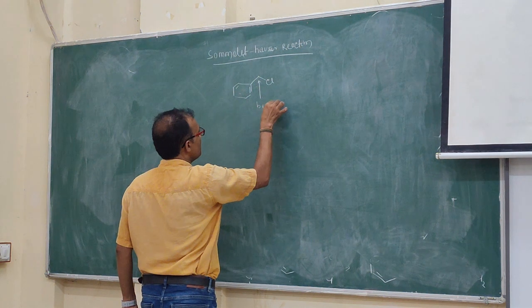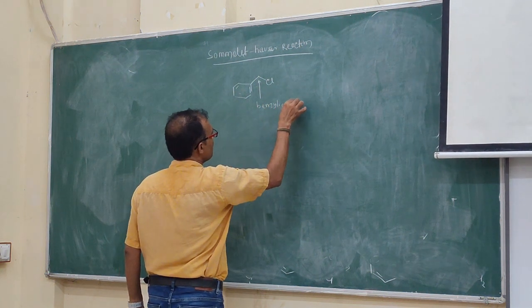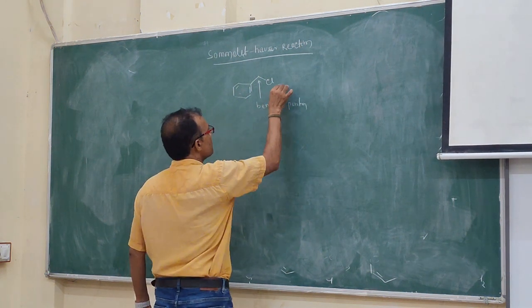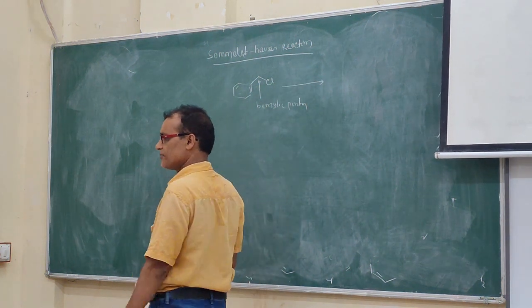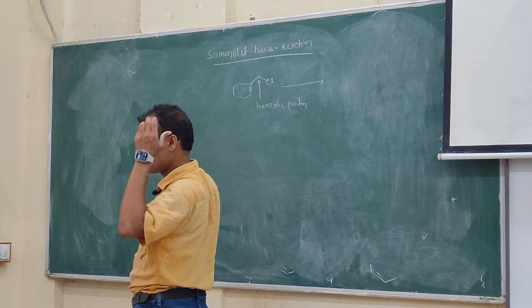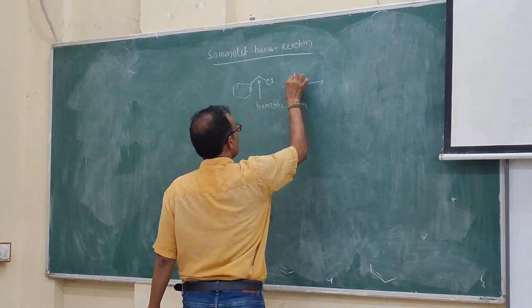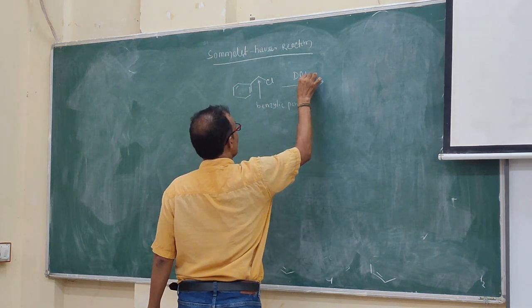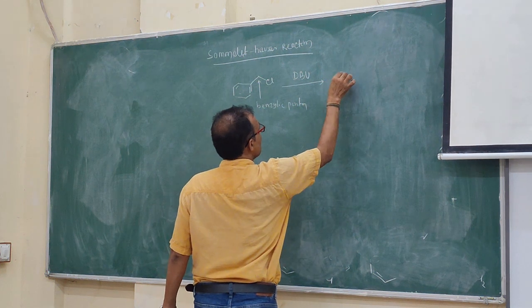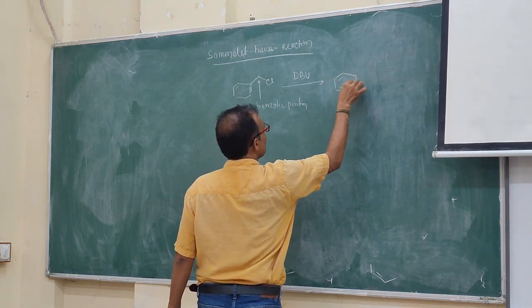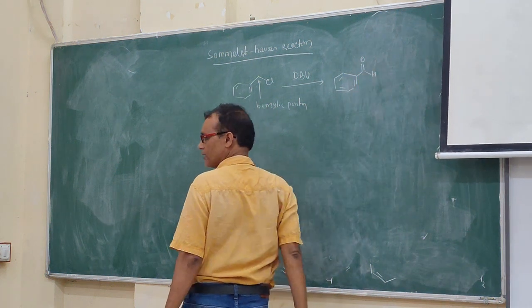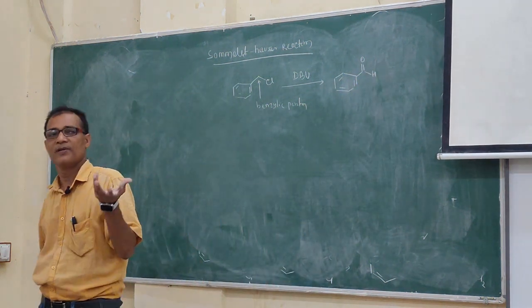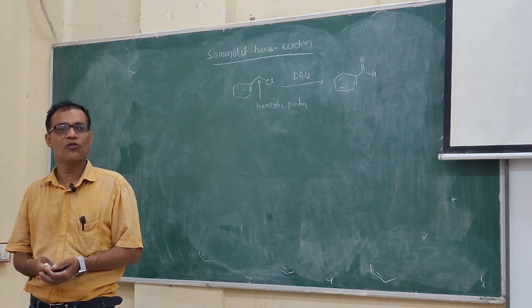If you react it with DBU, this benzylic position will be converted to an aldehyde. That means whenever you have a benzyl halide and you want to make it an aldehyde, you just give DBU.